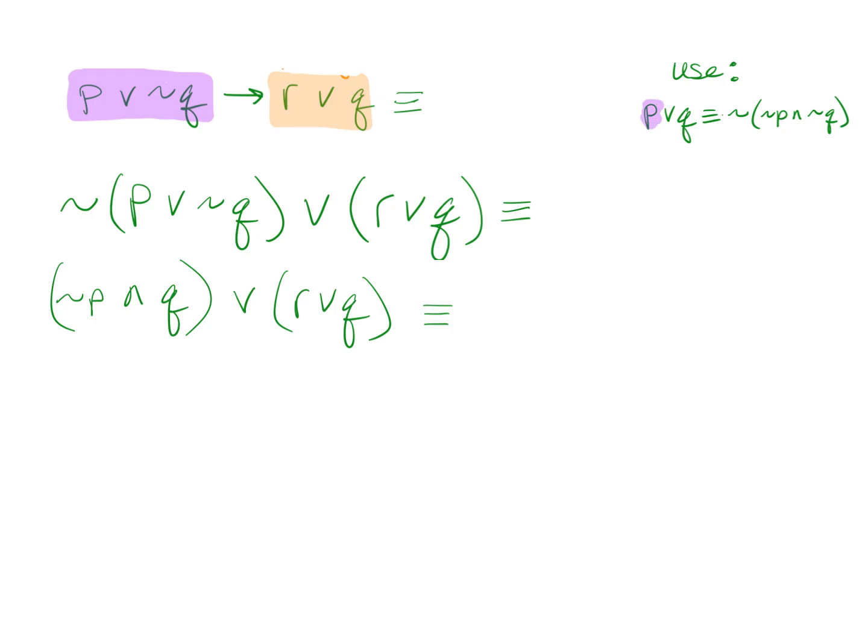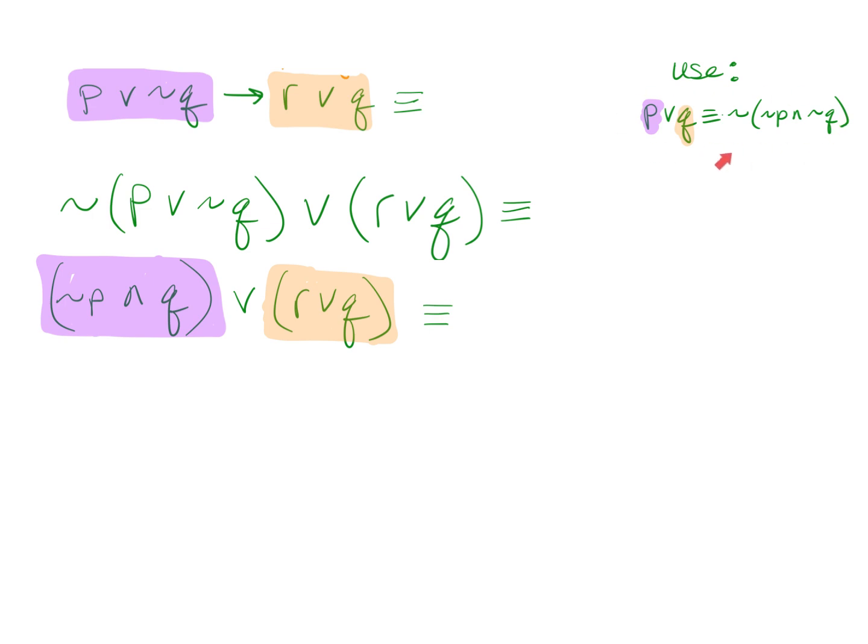So P is going to be all of this, and Q is going to be all of this. And then I'm going to apply this rule to this or statement.